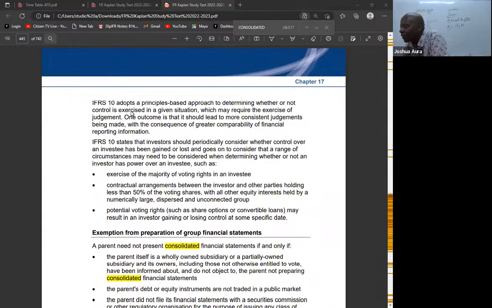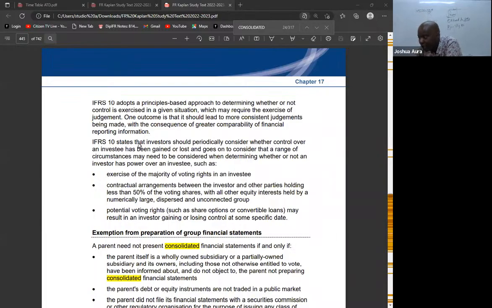IFRS 10 adopts a principle-based approach to determining whether or not control is exercised. In a given situation, which may require the exercise of judgment, one outcome is that it should lead to more consistent judgments being made, with the consequence of greater comparability of financial reporting information.